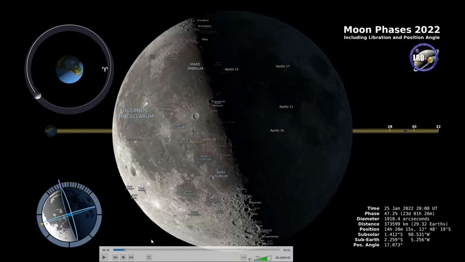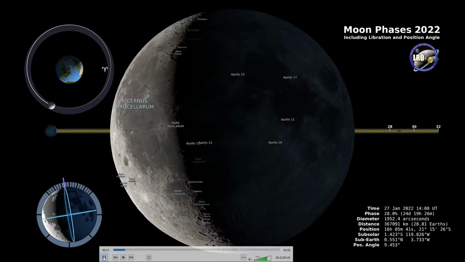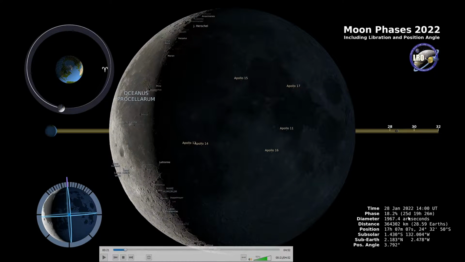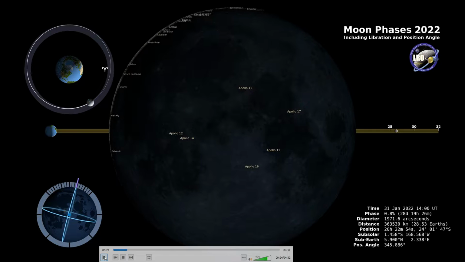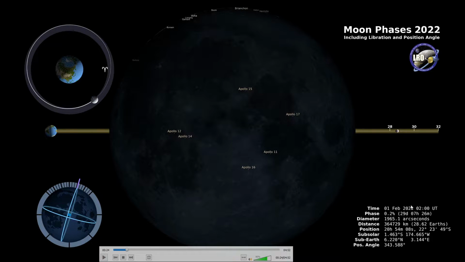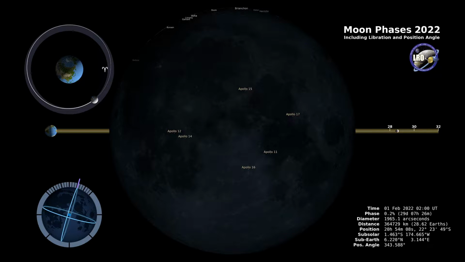This is the last quarter. We are in 23 days. This is a waning crescent. We are 25 days in. We're almost finished. Now we are at 29 days and 7 hours. We're back to new moon.